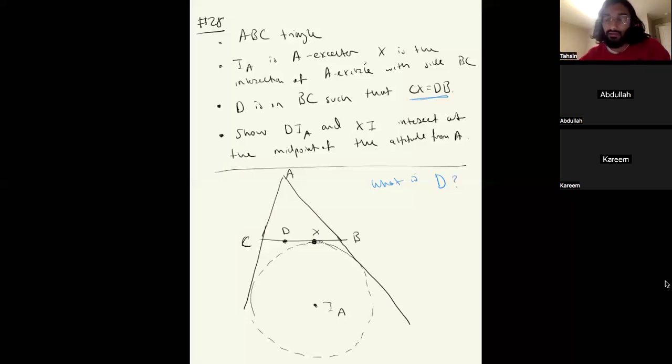You guys know what I'm getting at? So I'm claiming this point D really has a different interpretation. So did you guys understand the question? Yes.